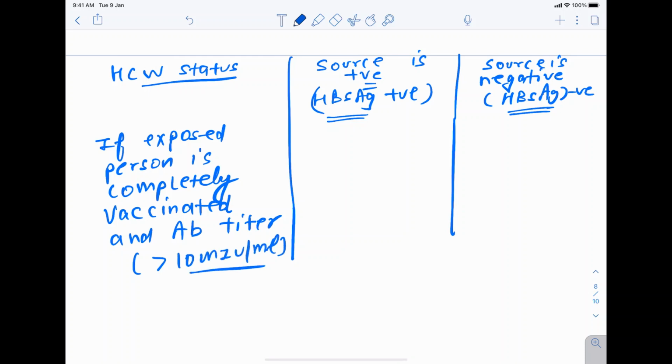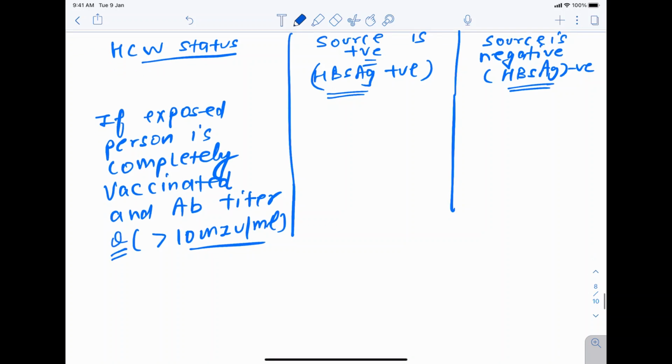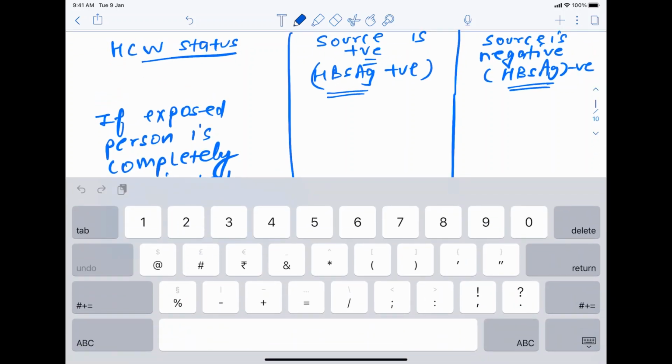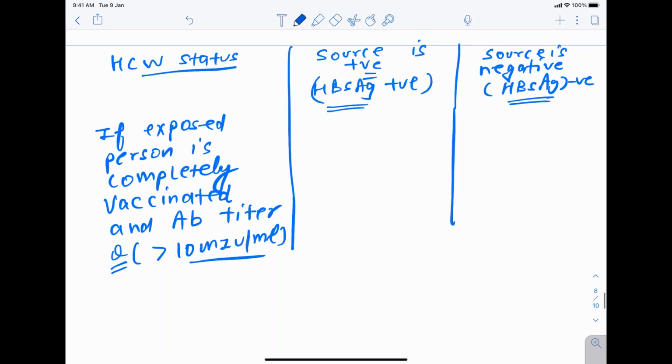This number you need to focus upon because this is being asked. Then what do you have to do? If the exposed person is completely vaccinated and the titer of the antibody against HBs, that is anti-HBs, is more than 10 milli international units per ml, even though the source is positive, no further treatment is required.